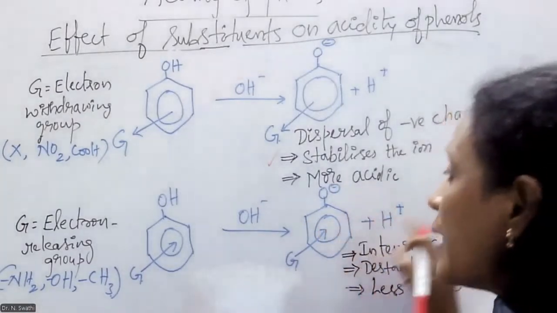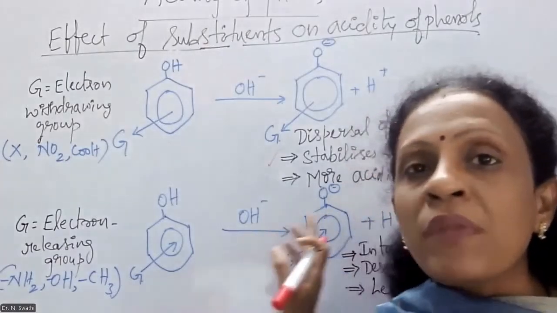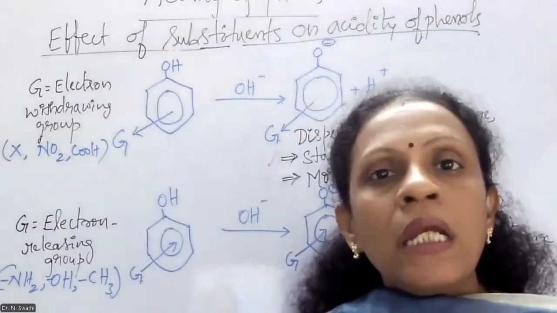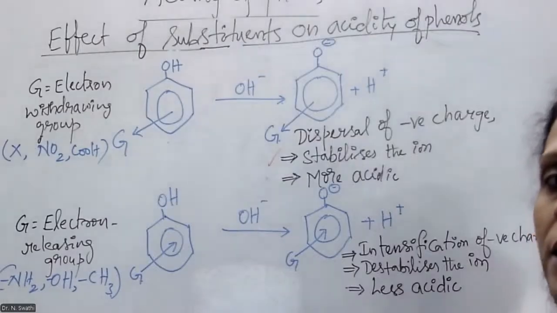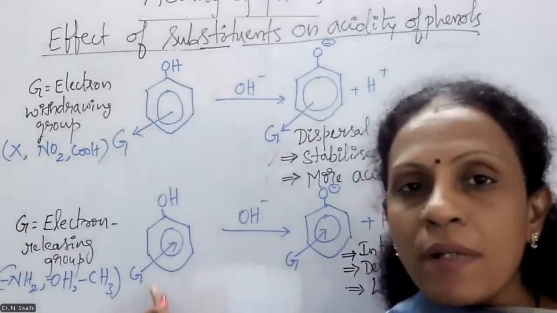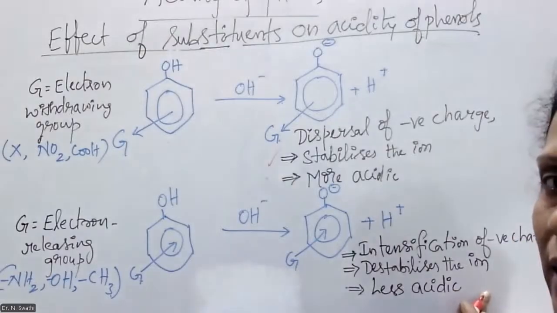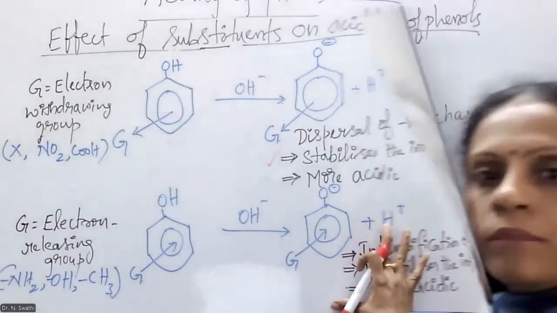So this causes intensification of the negative charge. Already the ion has a negative charge. Further, due to the presence of electron releasing groups, the negative charge will be increased. So this causes destabilization of the resulting ions, and thus whenever electron releasing groups are present on the aromatic ring system, the resulting phenols are less acidic in nature because the stability of the resulting phenoxide ion is less.